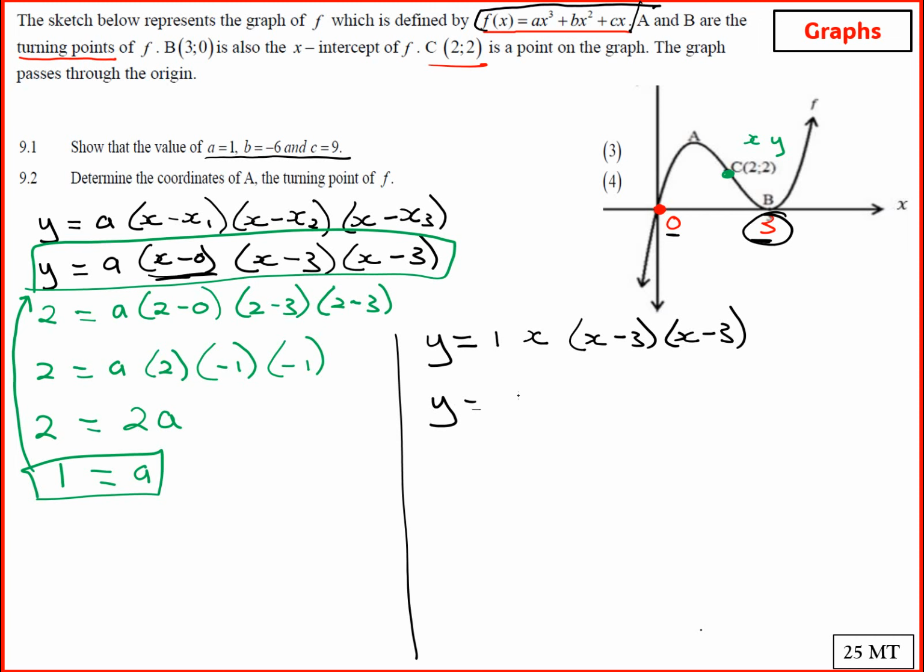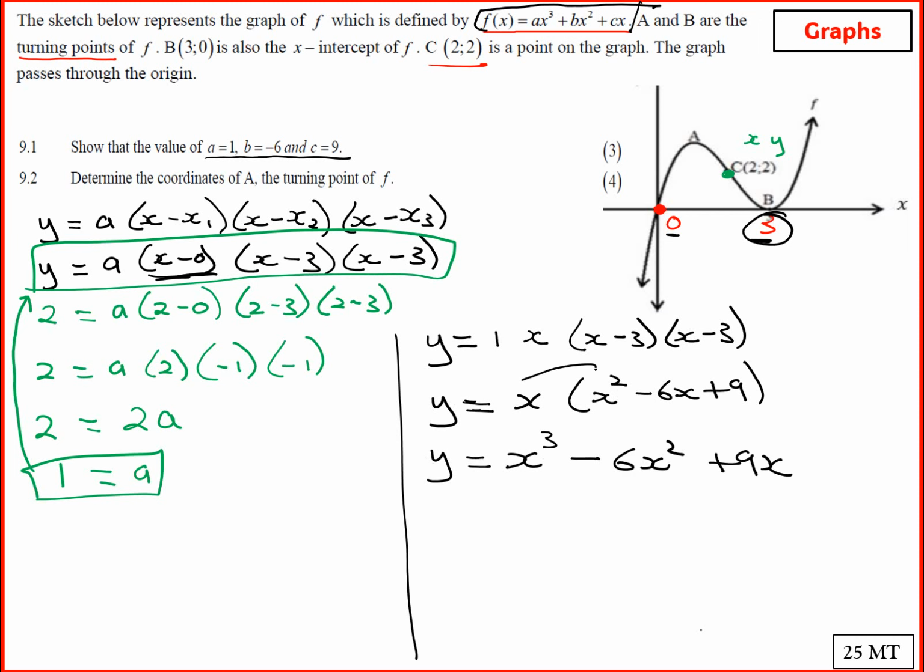Now we're going to use FOIL to find out what x minus 3 into x minus 3 is. That should give us x squared minus 6x plus 9. And multiplying this out, we should get x cubed minus 6x squared plus 9x. We're using the distributive law to multiply the x into the bracket.